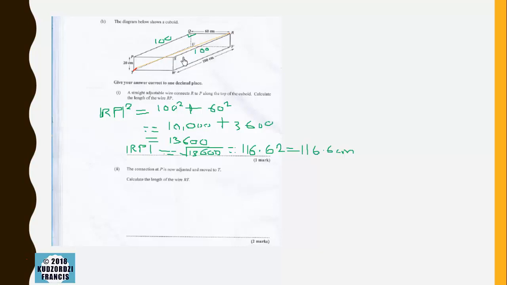Now note that we have this triangle, triangle RTV. Now this angle over here is 90 degrees. So we can use the trig ratios again, or we can use Pythagoras Theorem again to calculate the length of RT.